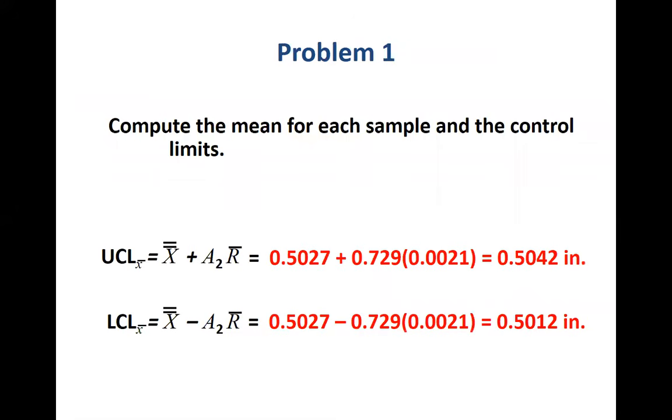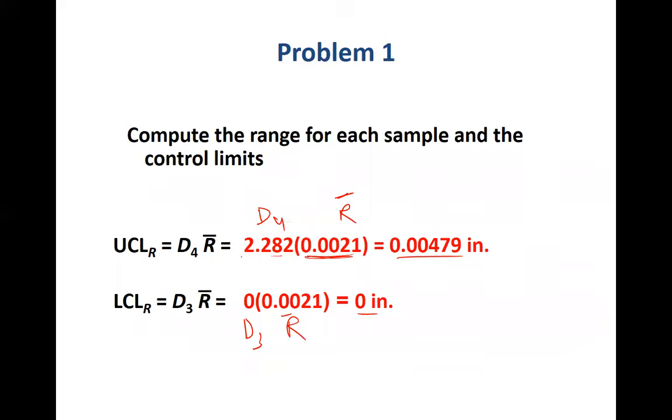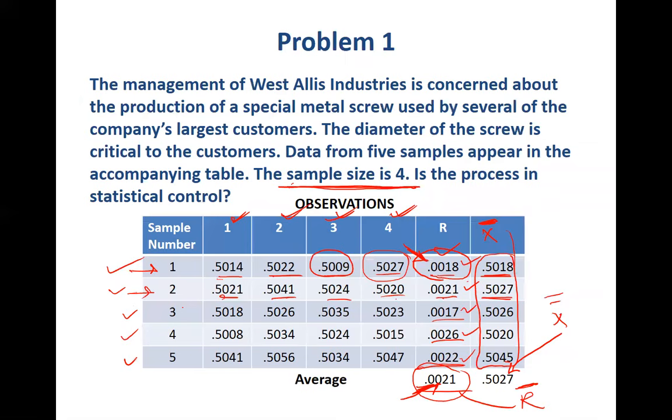We find the upper control limit by taking x double bar, which we have in our table from the very first part of this problem. This number, 0.5027, is the average of averages, x double bar.